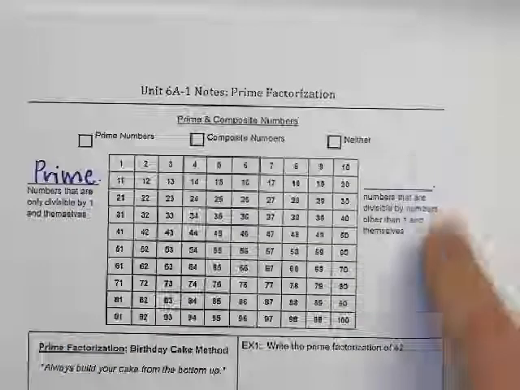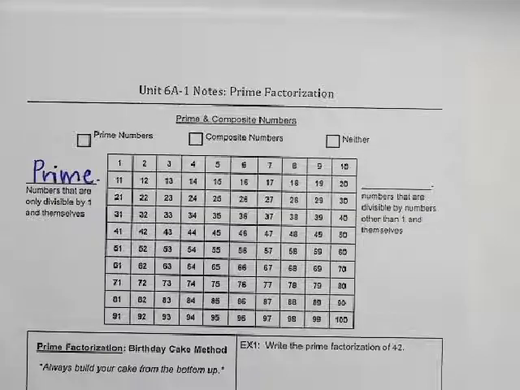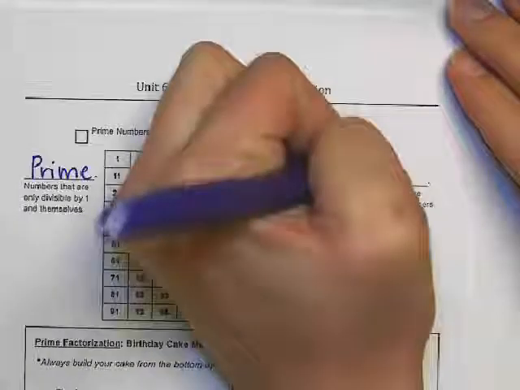Then on the other side it says numbers that are divisible by numbers other than 1 and themselves. That is composite.